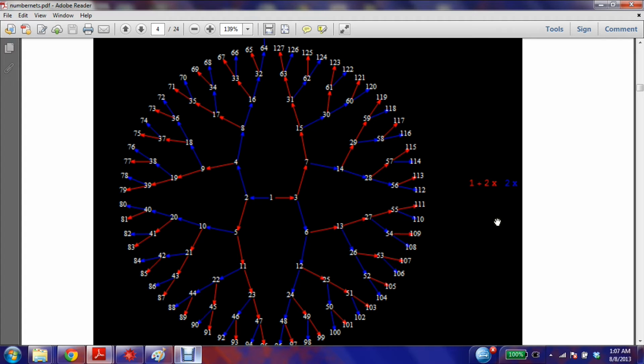So all of these blue edges here just represent how these numbers can change when you multiply them by 2. And the red edges, they represent what happens when you multiply by 2 and add 1. And so you can see here again that we've got some kind of quite lovely lessons being taught to us just by looking at these very, very simple ideas.